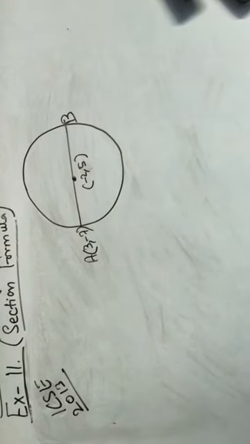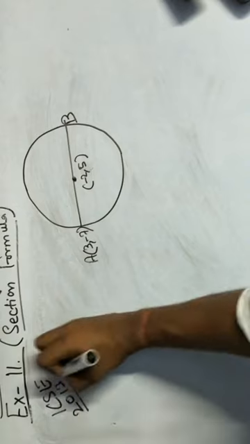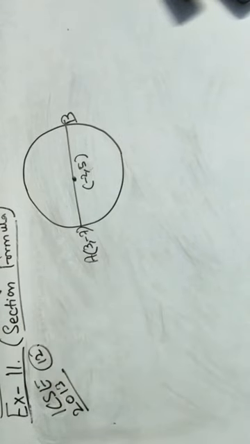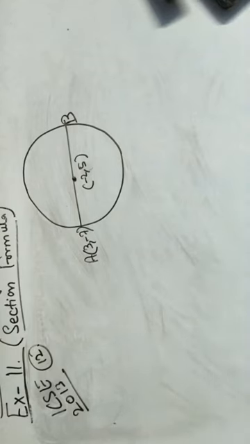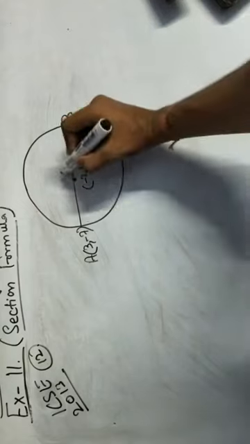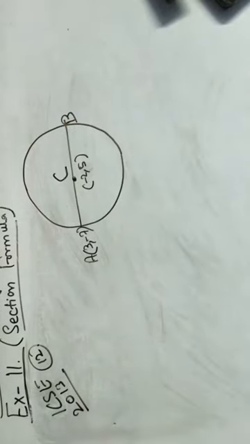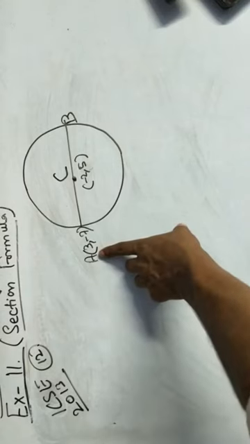We'll go to question number 12 now. Question number 12. This question was asked in ICSE 2013. You are given a circle and the coordinates of the center, and point A is given.